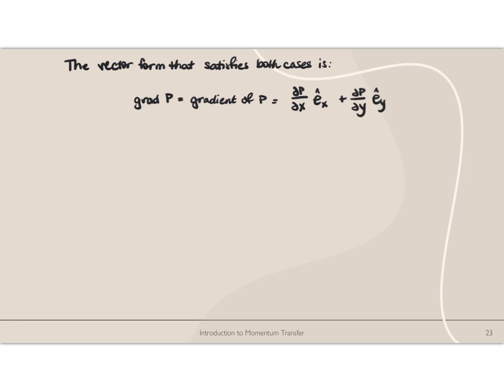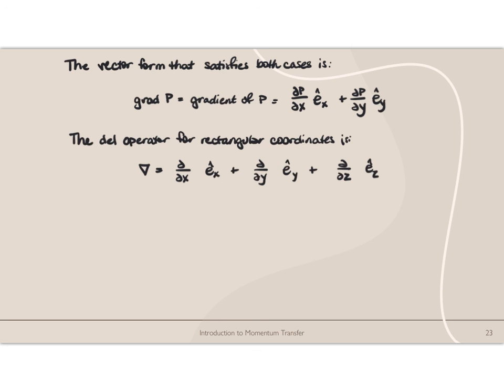We also could use this as the del operator, and if we look at this in the traditional rectangular coordinates with 3D, the del operator is the derivative of whatever we're applying this operator to with respect to x times ex, the derivative with respect to y times ey, and the derivative with respect to z times ez.